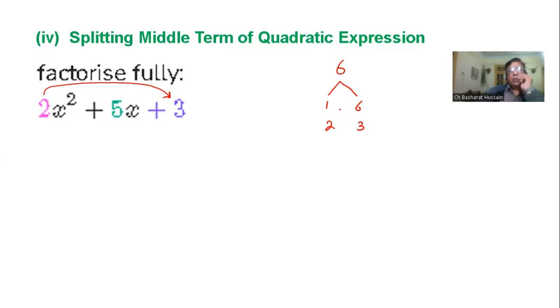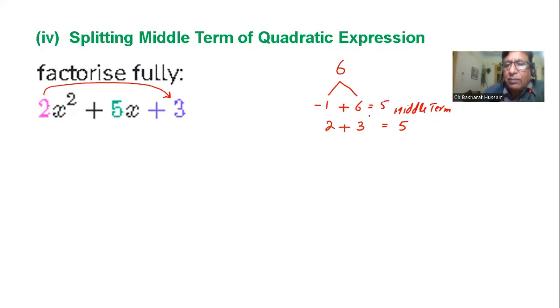Now we look for those factors which give us the middle term. So 2 plus 3, which is 5. Another way, I can make factors of 6 as minus 1 plus 6.